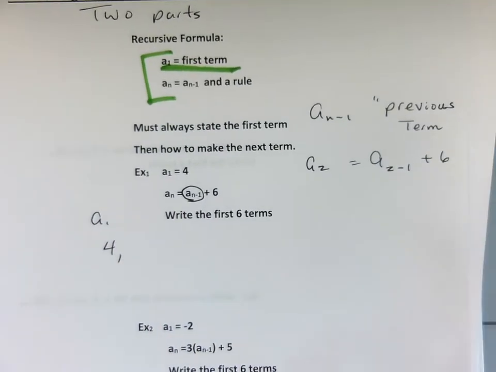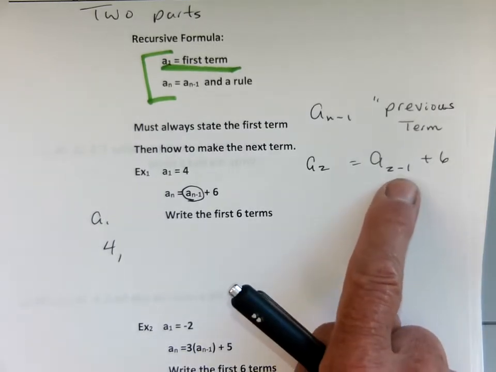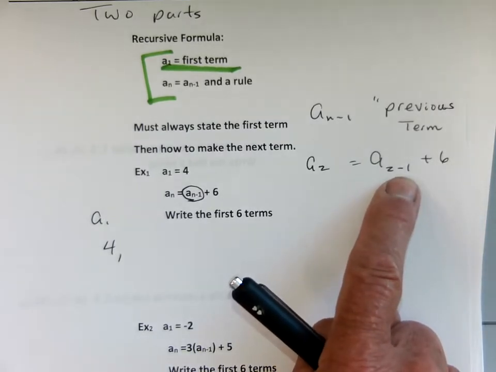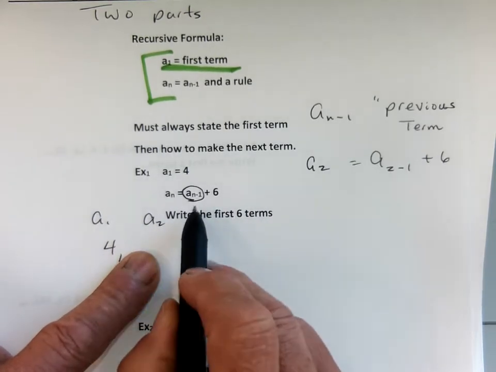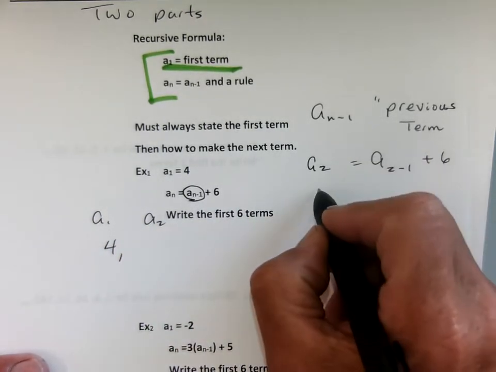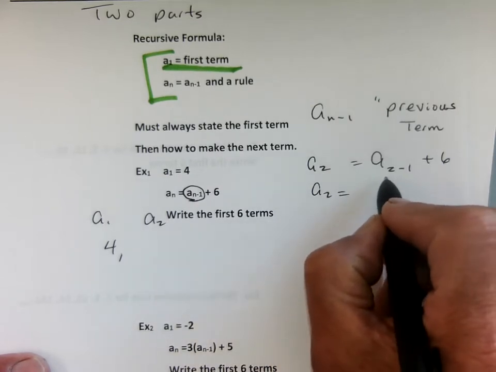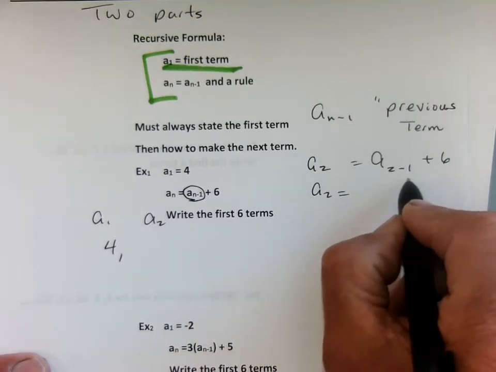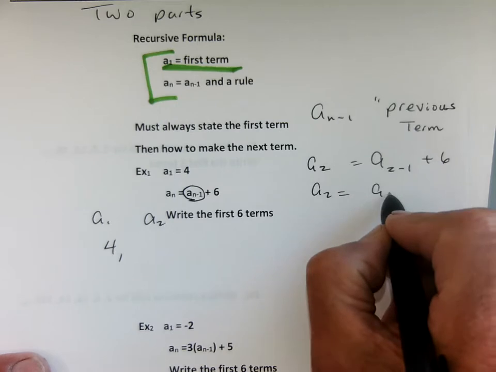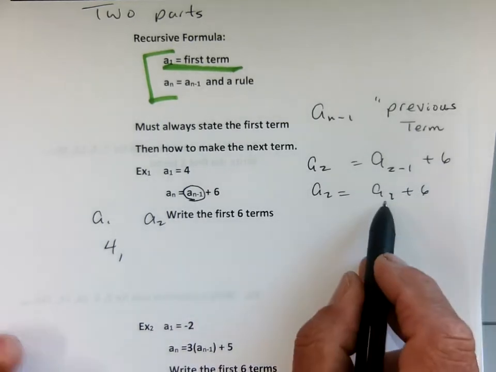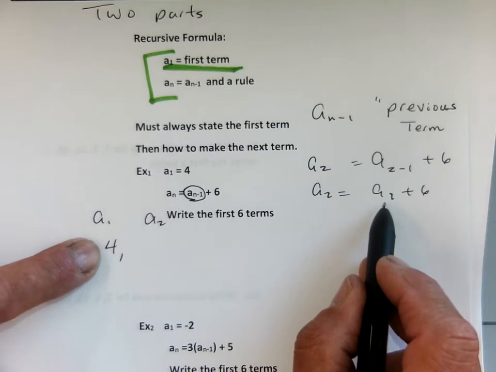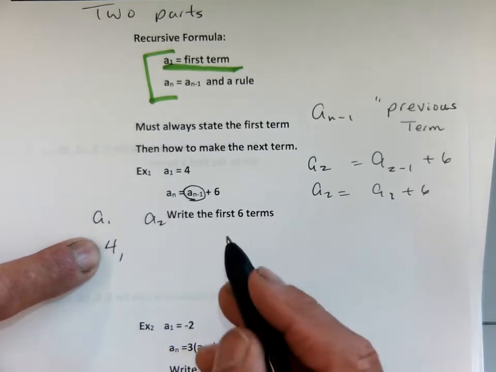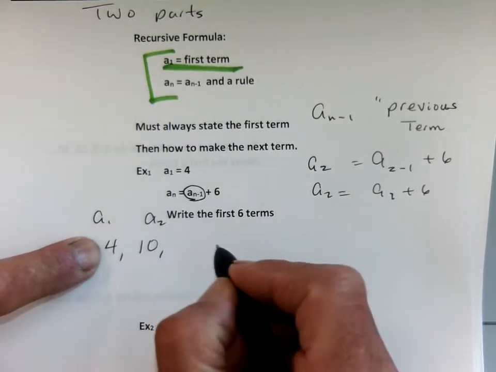If n is 2, because I want to find the second term, then a of 2 is equal to a of 2 minus 1, which is a of 1. We know what A1 is, it's 4. So I'm just going to take 4 plus 6, which is 10.